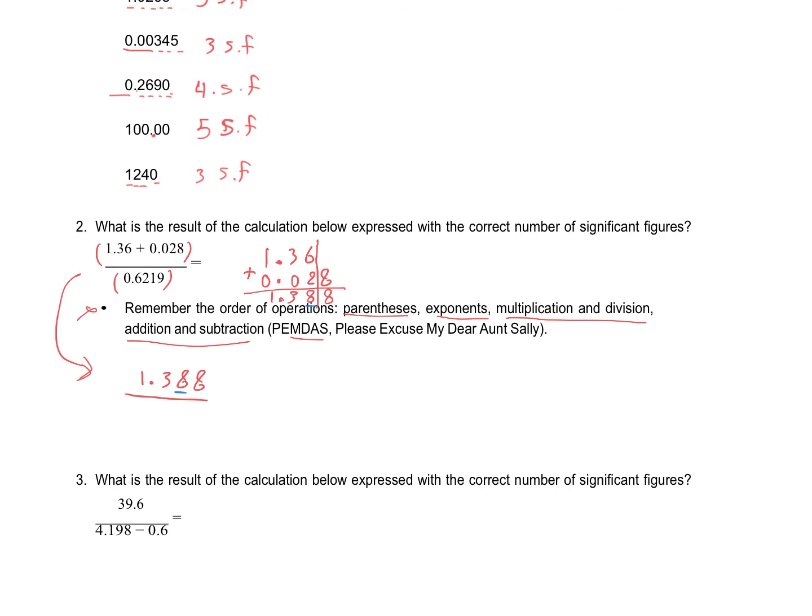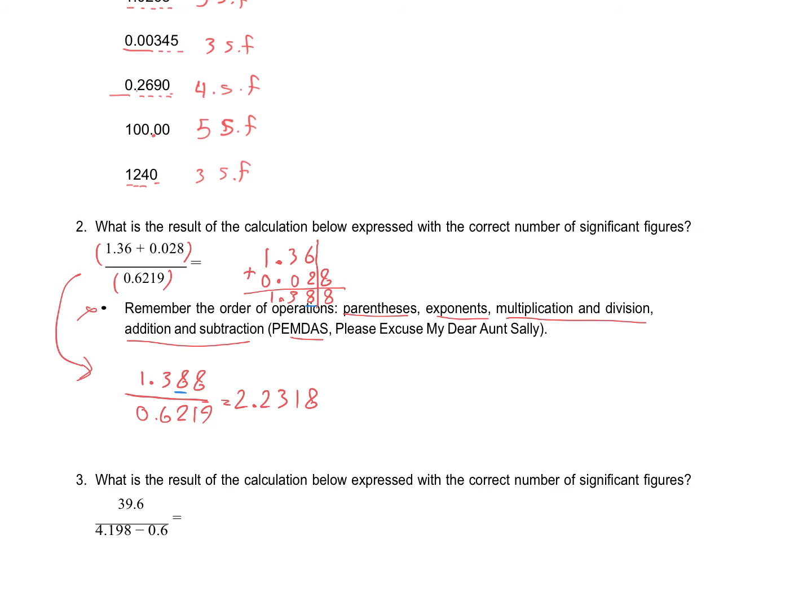Okay, and on bottom we have 6219. So when you divide these two, you will get 2.2318. Always write 4 decimal places when you use your calculator for division or multiplication, and then go back and count significant figures to track how many sigfigs we need to report.